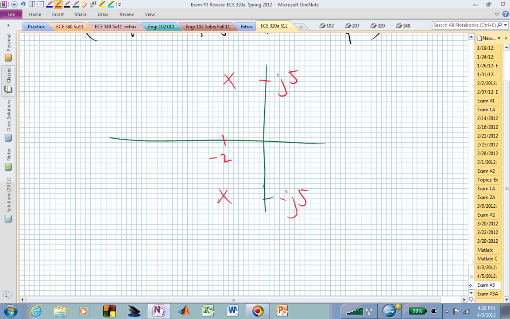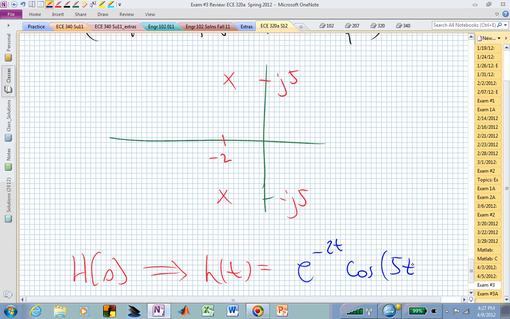What would you expect to see if that was the pole zero diagram for a given H of s? If I now said, what's h of t? Structurally, could you tell me? That's the main parts, isn't it?